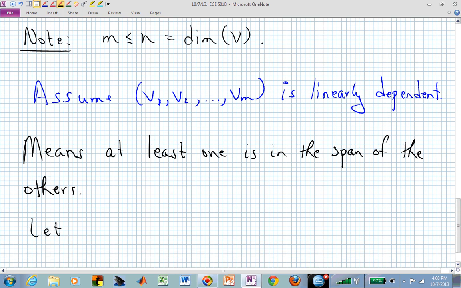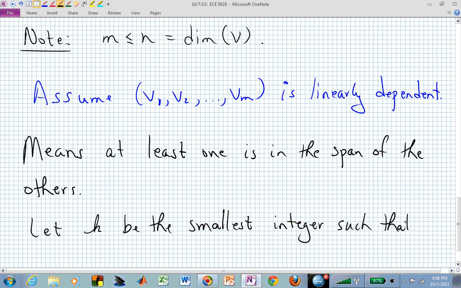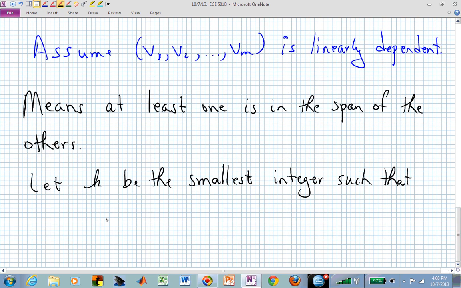If that's the case, then let k be the smallest integer such that v sub k is in the span of all the previous vectors.